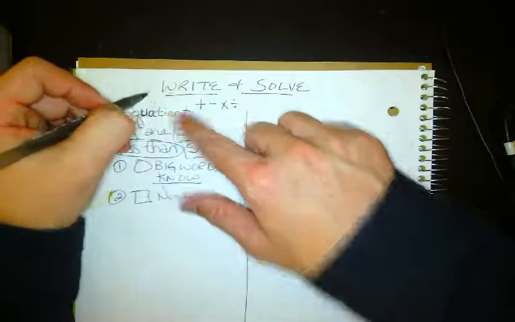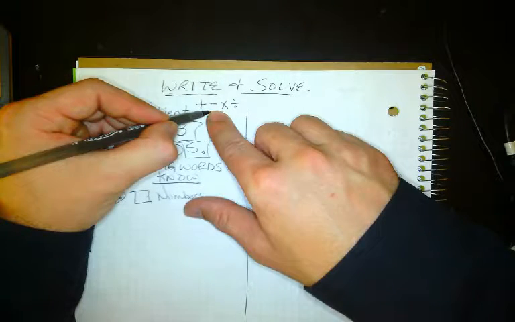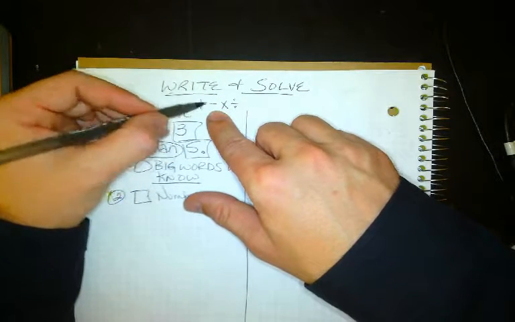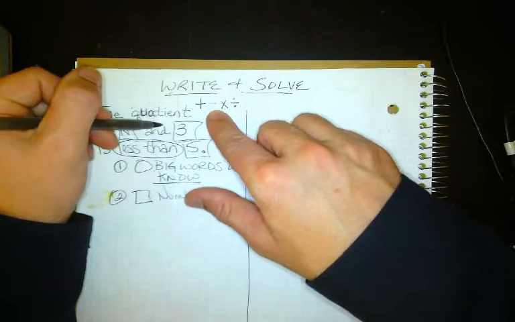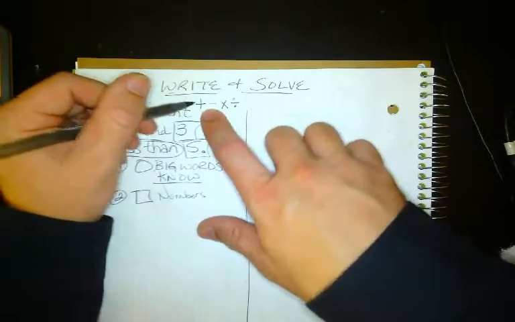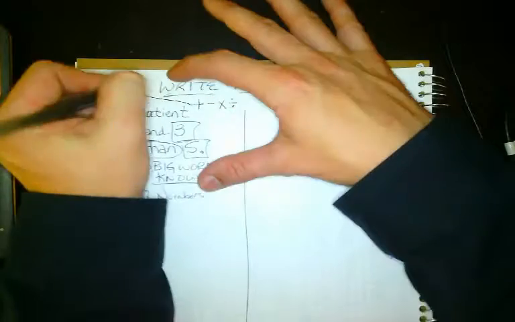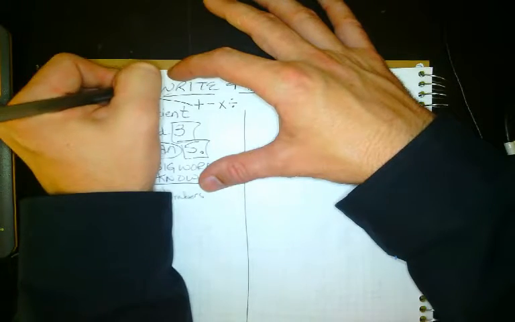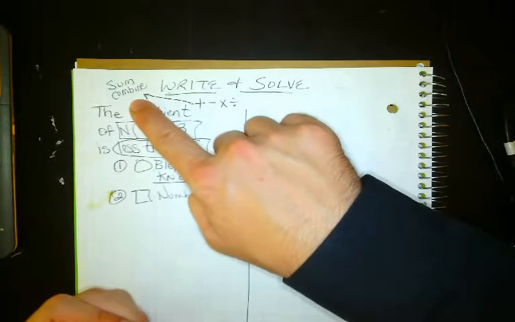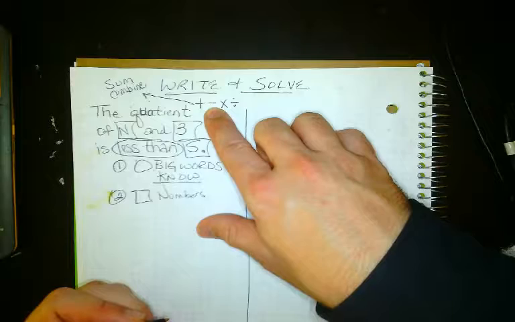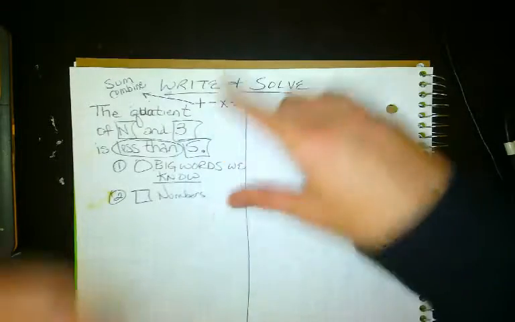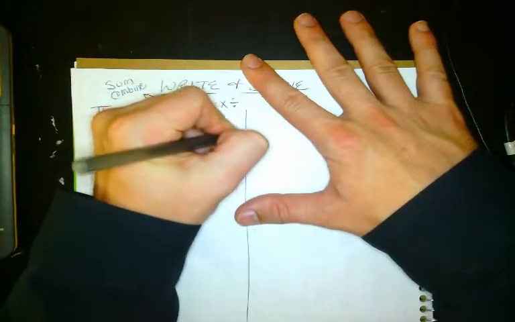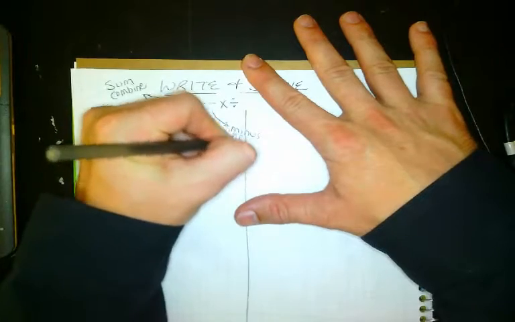¿Ok? También aquí. So, this right here, it would say sum or combine. Combinación. Combine. Good. Now, this one is minus. It is difference.